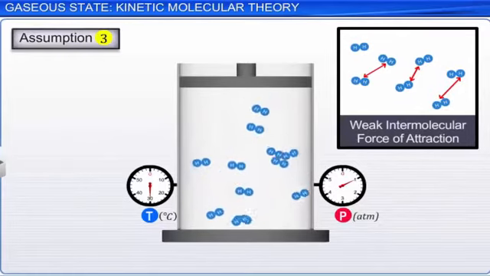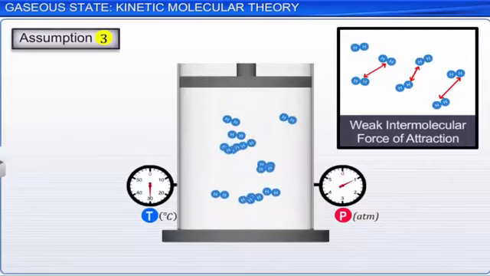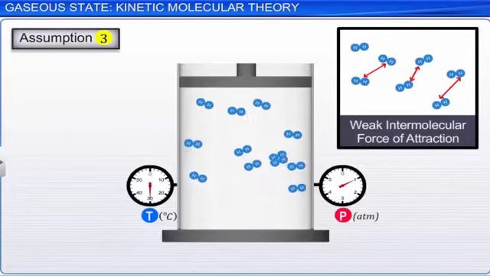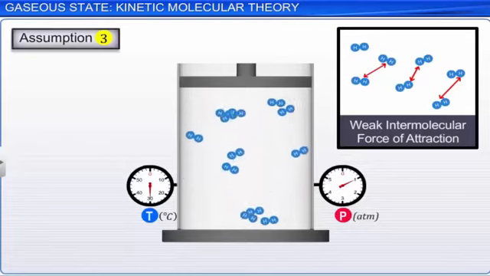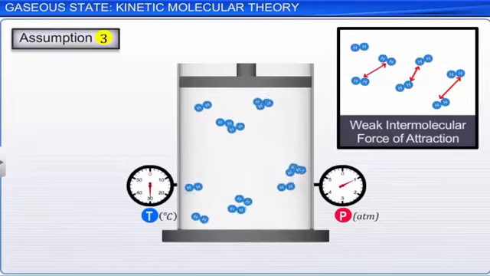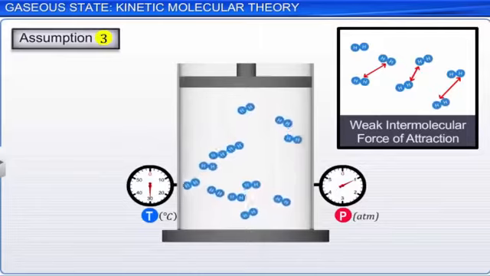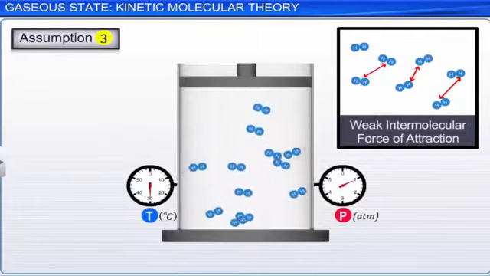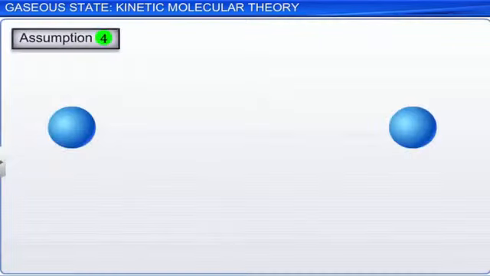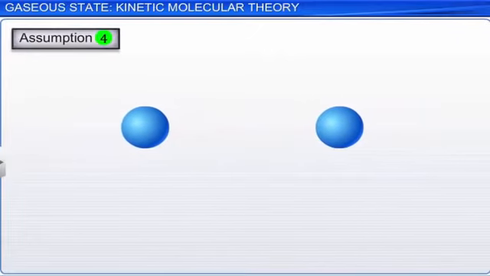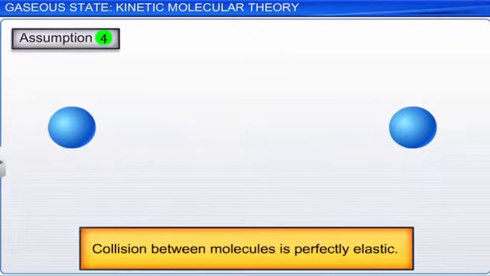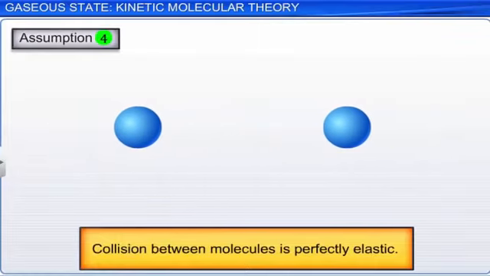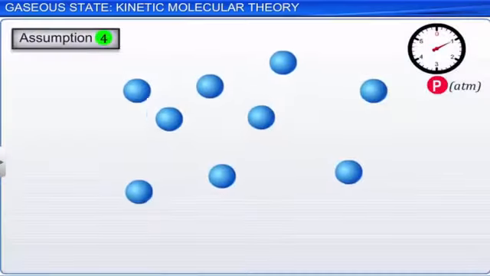Hence, attractive or repulsive forces between the molecules of a gas are negligible. Individual molecules do not gain or lose energy as a result of collision. Therefore, collision between molecules is perfectly elastic. This assumption can be justified because during collision, the molecules do not settle down or slow down.